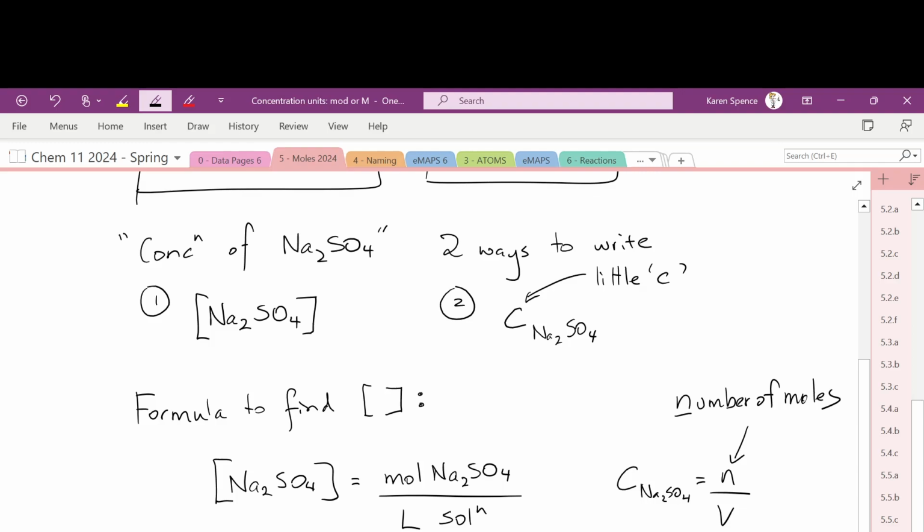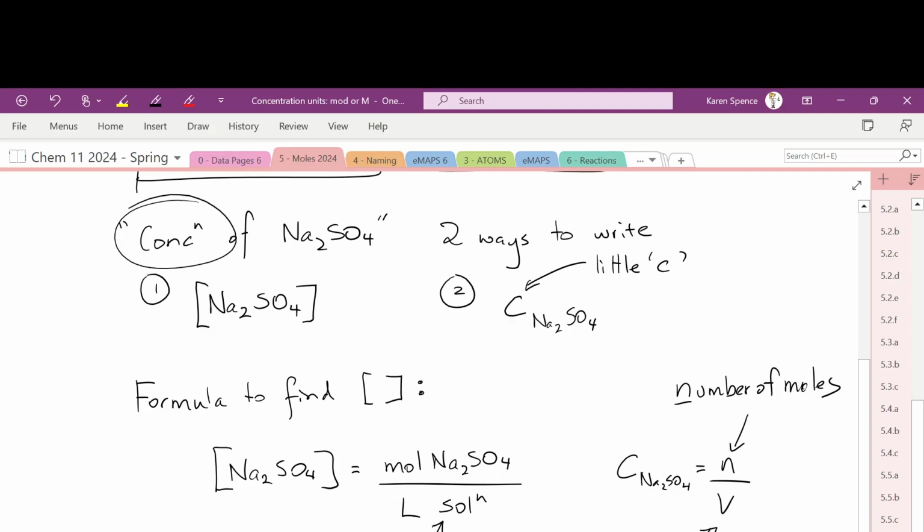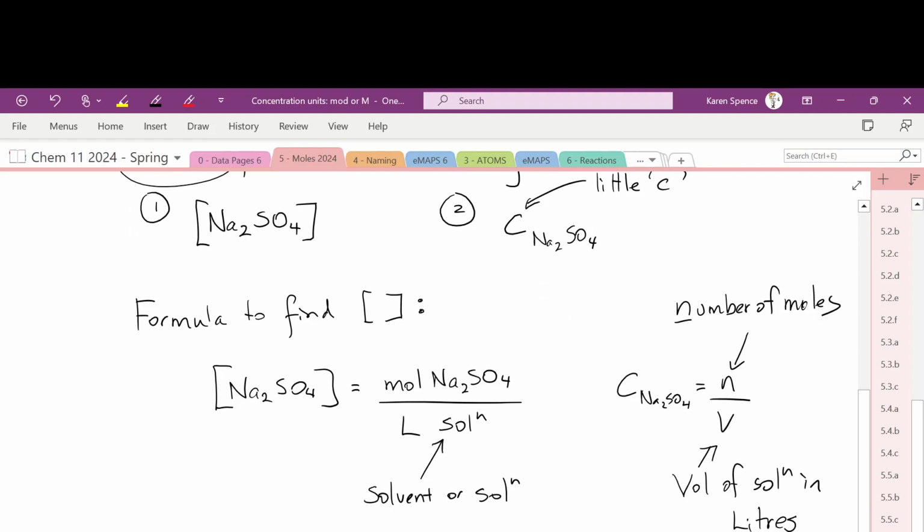Volume of solution in liters. And if you haven't picked up on it yet, what is my abbreviation for solution? Sol with a little n. What's my abbreviation for concentration? Conc with a little n.